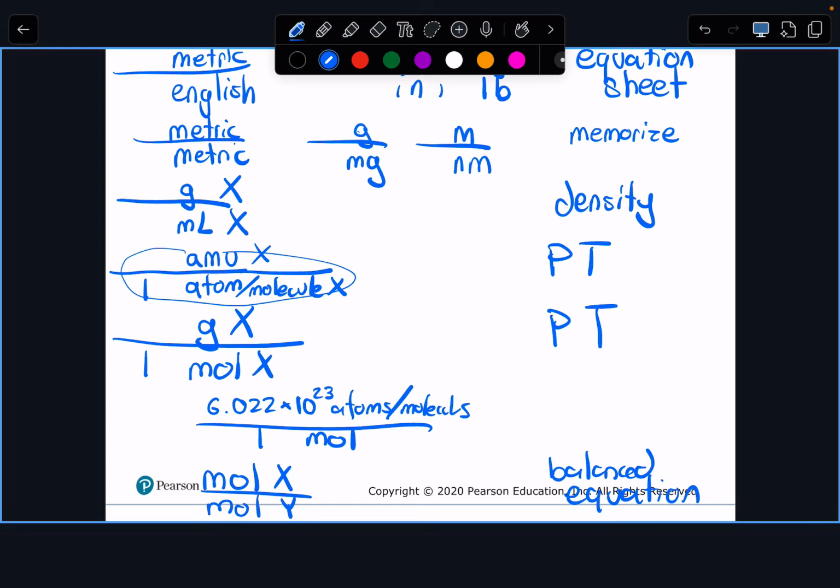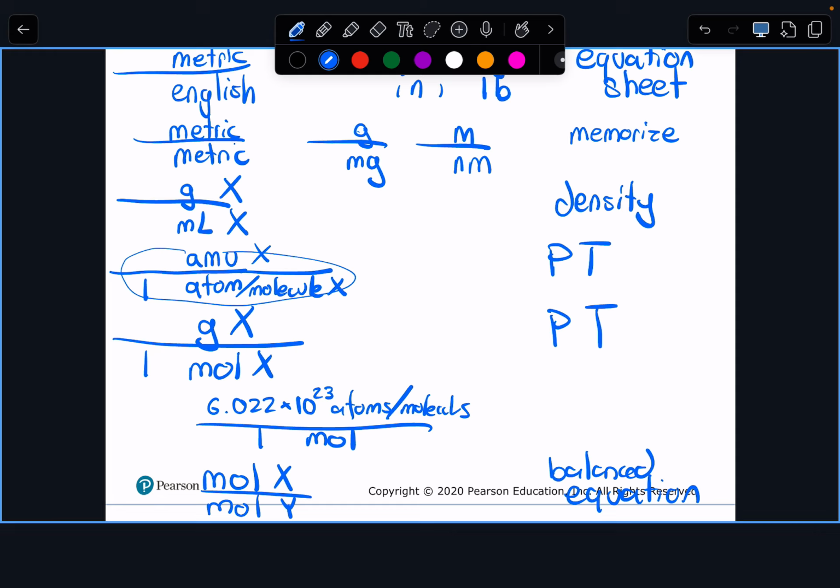Okay, so the reason why we're reviewing this is because we're going to keep using the moles of X to moles of Y conversion, but we're going to add stuff on the other sides. Primarily, we're just going to be doing grams to moles and moles to grams conversions mixed in there.